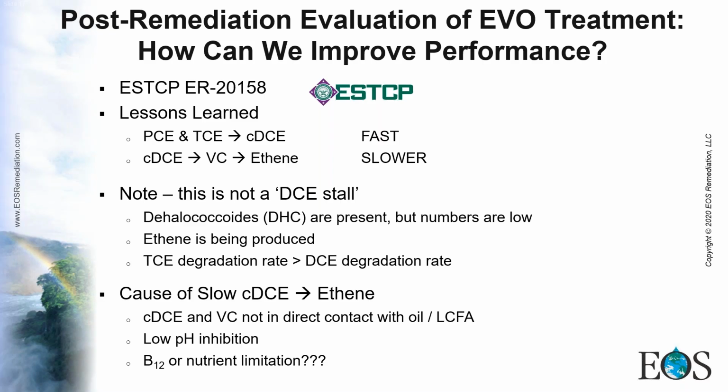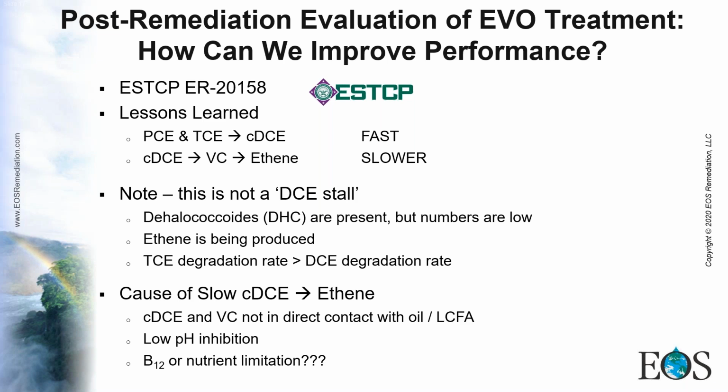In a large percentage of cases, we were producing ethene, and we had the Dehalococcoides. The problem is the conversion of DCE to vinyl chloride to ethene was slower than the conversion of TCE.